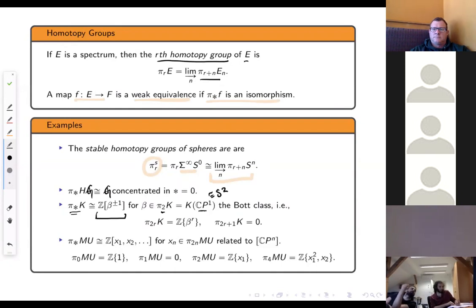We're going to talk about smash products and symmetric monoidal products, and define ring objects, and K-theory is going to be a ring. So I've described its homotopy groups as a graded ring: the 2rth homotopy group of K is a copy of Z on the class beta to the r, and the odd groups are 0. In particular, this has negative homotopy. So spectra can have negative homotopy groups. You took a colimit, so eventually these numbers are all positive even if r is negative.